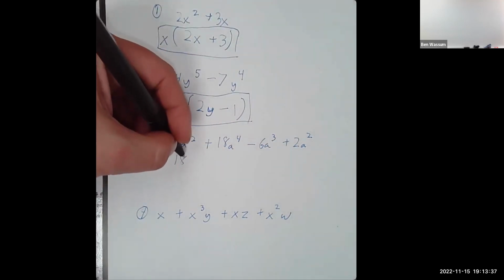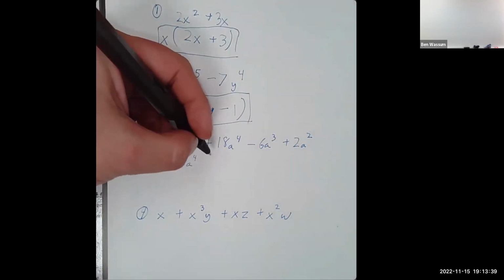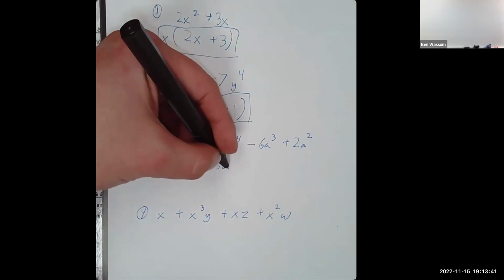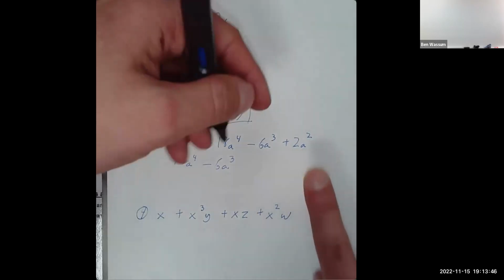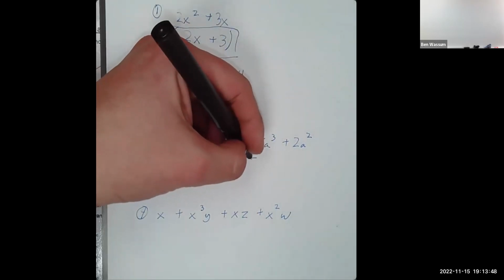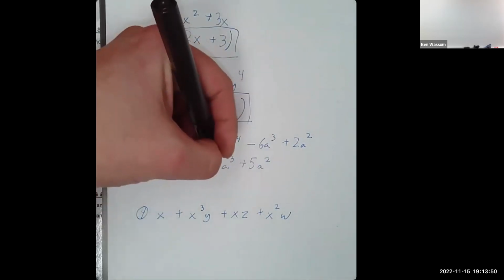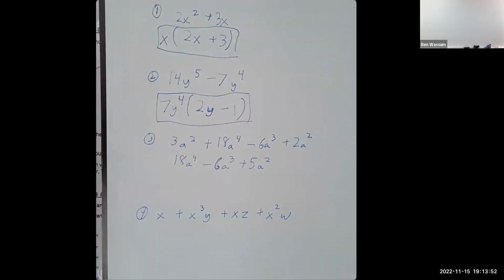So I'm going to rewrite the 18a to the fourth minus 6a cubed. And I'm going to combine these two like terms. So we have 3a squareds plus 2a squareds. So we have 5a squareds total. Well, cool. We got rid of one term already, right? Now, again, we have a 5.